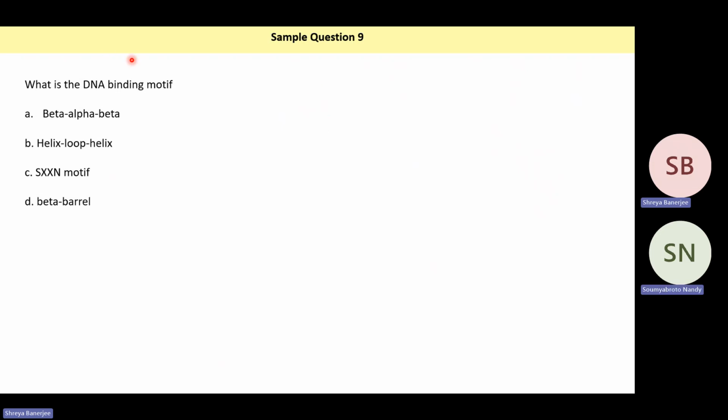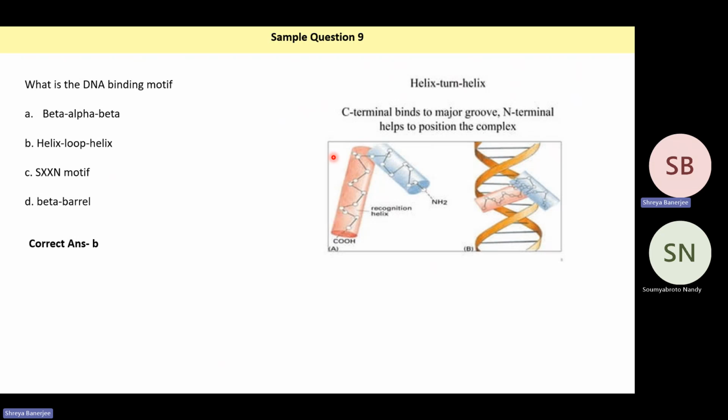Then this is asking what is the DNA binding motif? HLH, I think. Helix loop helix, no? Yeah, so that also I discussed while discussing the different secondary structures. Helix loop helix is a very common motif found in DNA binding regions. It consists of the recognition helix, which is the portion that binds to DNA, and one other complementary helix, which helps to position.